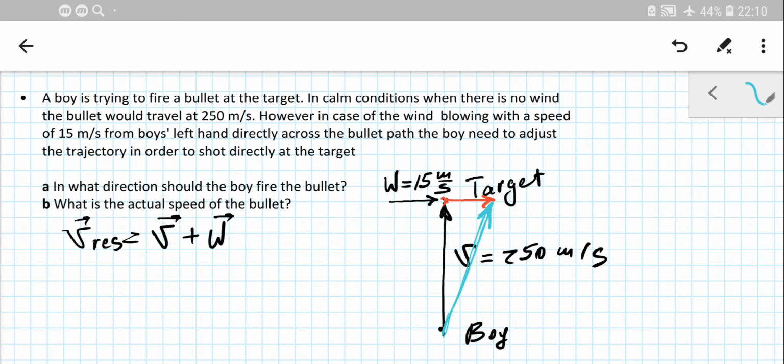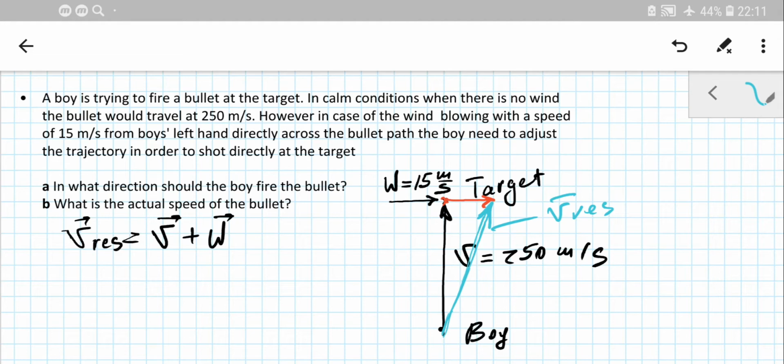So that's going to be v resultant. But in this case, if the boy fires to the north, the bullet will miss the target. So obviously it's not correct.